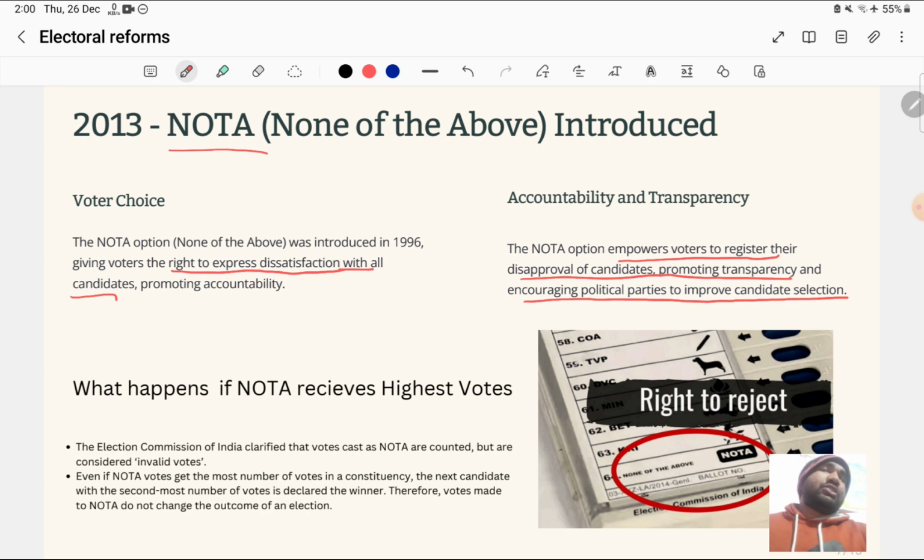A major question that arises with NOTA is what happens if NOTA receives the highest votes. Let us consider there are 100 votes and NOTA gets 51 votes, and then only 49 votes are left for the other candidates. Let us consider that A candidate gets 23, then B candidate gets 15, and C gets the remaining.